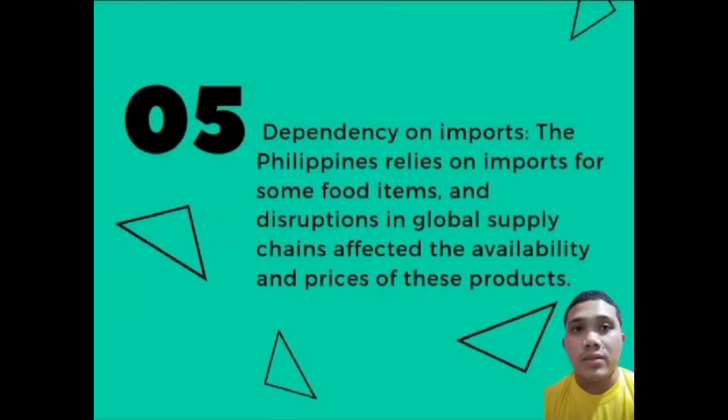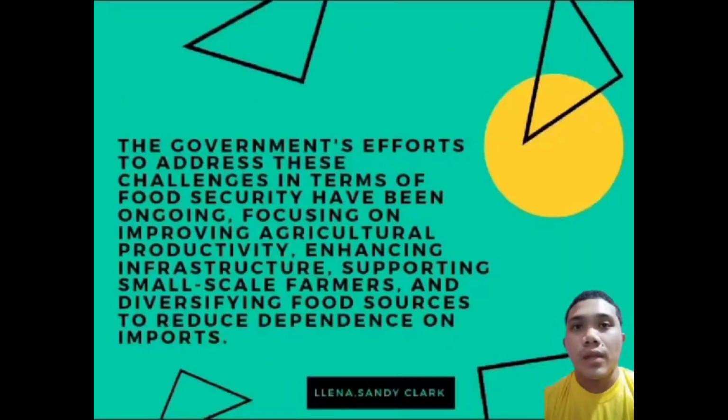The Philippines relies on imports for some food items, and disruptions in global supply chains affected the availability and prices of these products. The government's efforts to address these challenges have been ongoing, focusing on improving agricultural productivity, enhancing infrastructure, supporting small-scale farmers, and diversifying food sources to reduce dependence on imports.